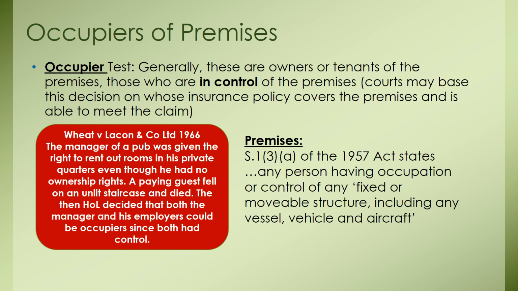And I believe there's reference in the textbook to a ladder, which is quite interesting to think of a ladder as premises. But generally, again, it's going to be quite a straightforward judgment of what is the premises here. Okay.